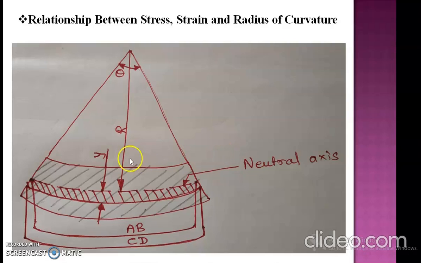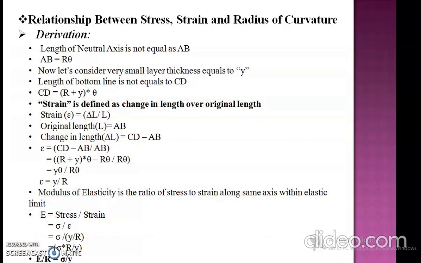This red hashed portion represents the small portion we are considering to identify the relation between stress, strain and radius of curvature, and the thickness of that small portion is denoted by small y. Now we will see the derivation.